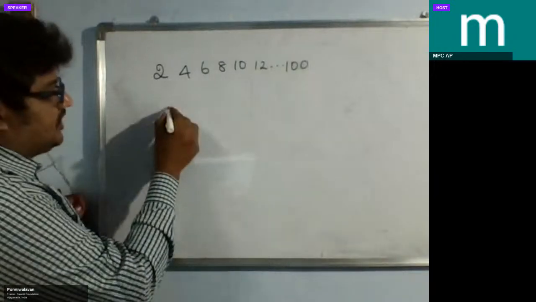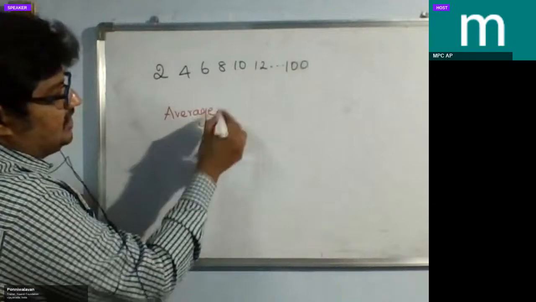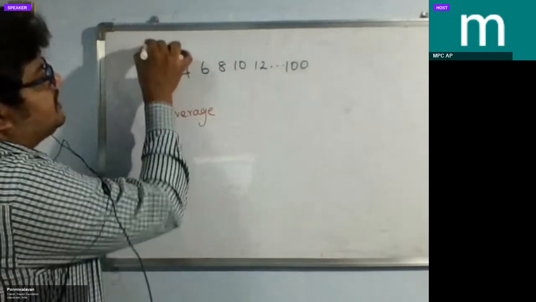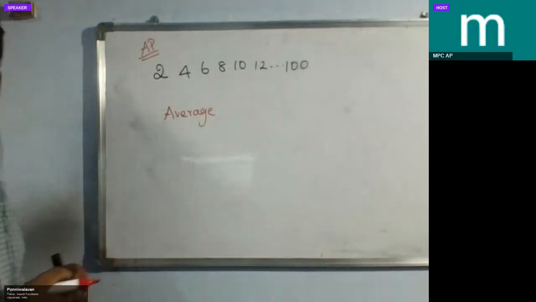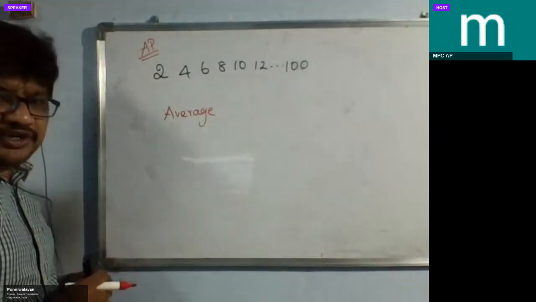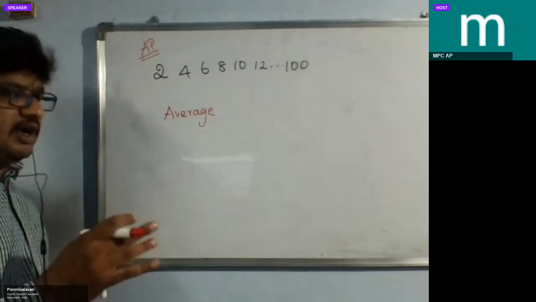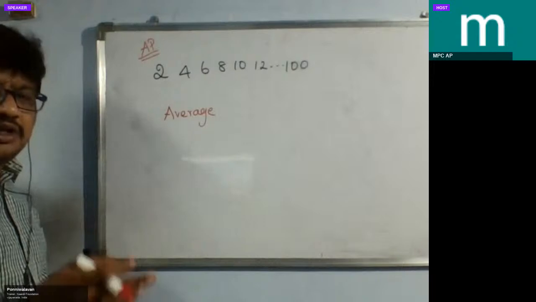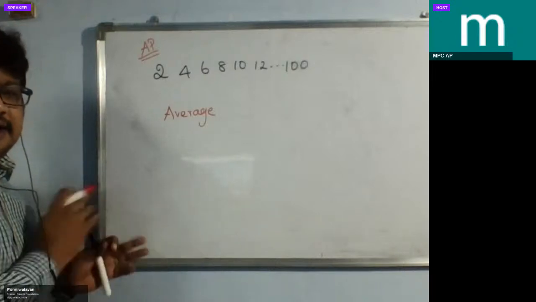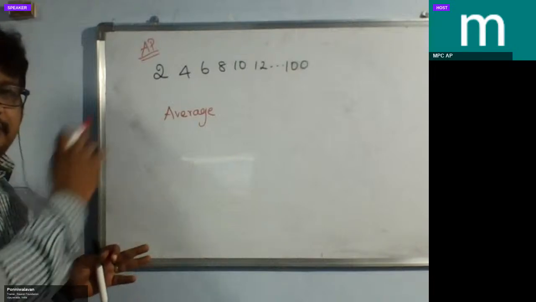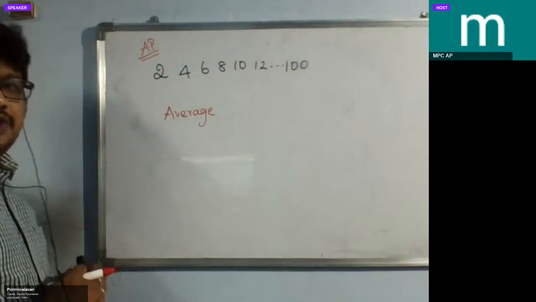Arithmetic progression, what is the average? I told right, on the day, if the given sequence is AP, what is the average formula? Did I explain the arithmetic progression concept or not on that day? I think 3-4 days before we handled one full session on quants topic.